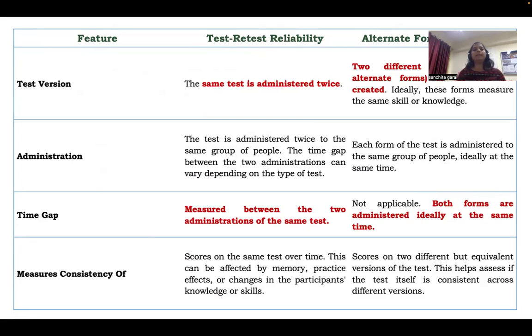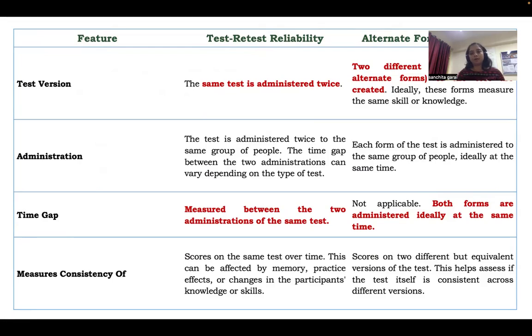And time gap: in test-retest reliability, there is a time gap between the two administrations of the same test, but in alternative forms of reliability the time gap is not applicable. Both forms are administered ideally at the same time. Test-retest measures the consistency of the scores of the same test over time, which can be affected by memory, practice effect, or changes in the participant's knowledge and skills.